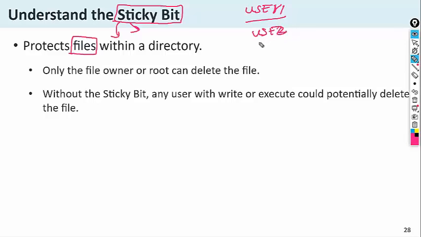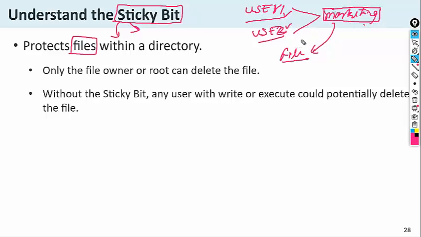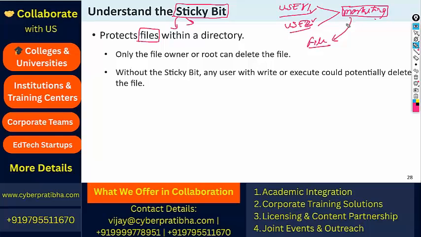User 1 and user 2 are both members of the marketing group. If there is a file 1 which has read and write permission, user 1 can read and write, and user 2 can read and write, because the permission is inherited from the group.